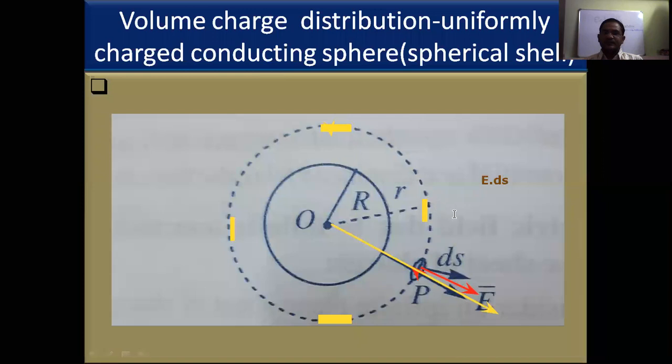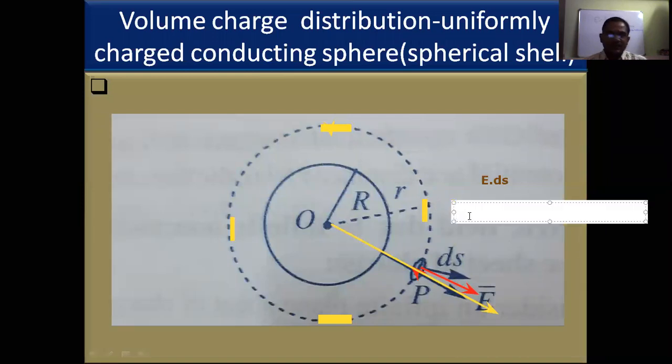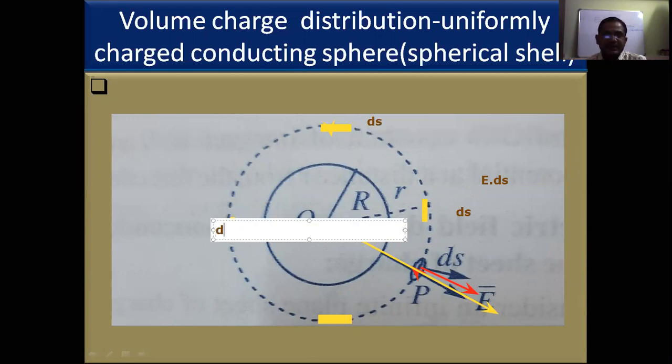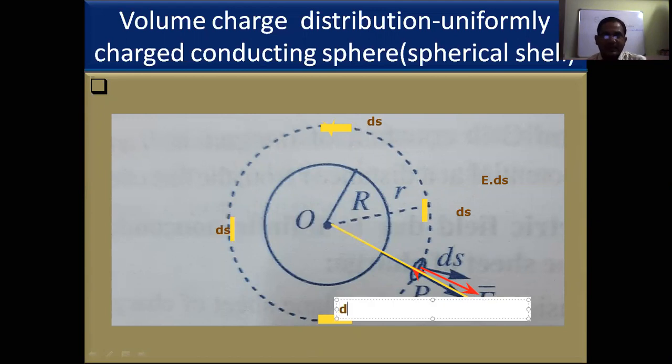This area element is ds. Here also this is ds, this is also a small area element, and here also a small area element ds. So what is the direction of this one?